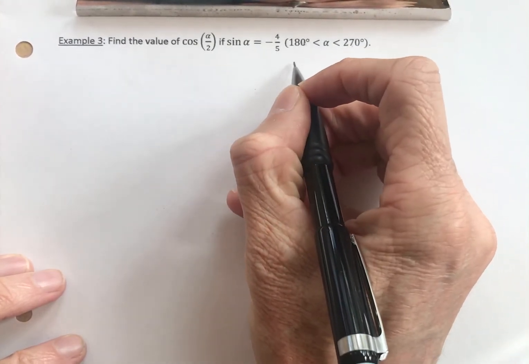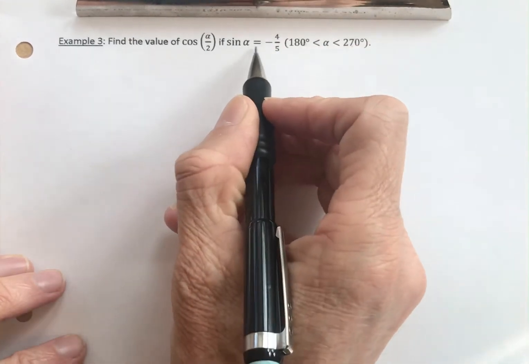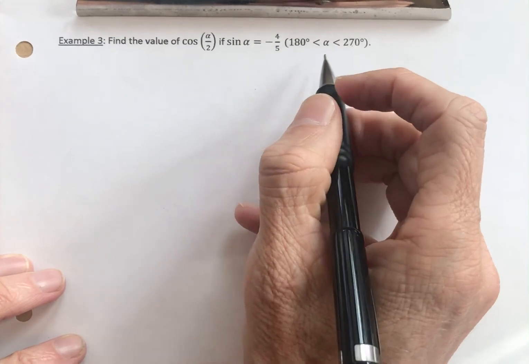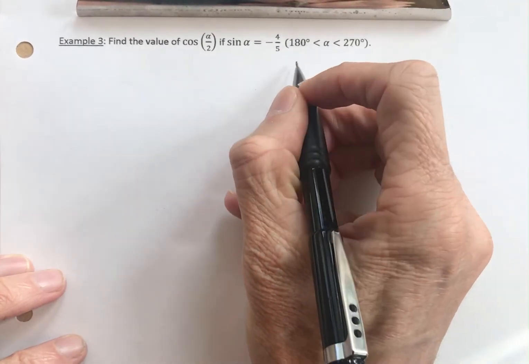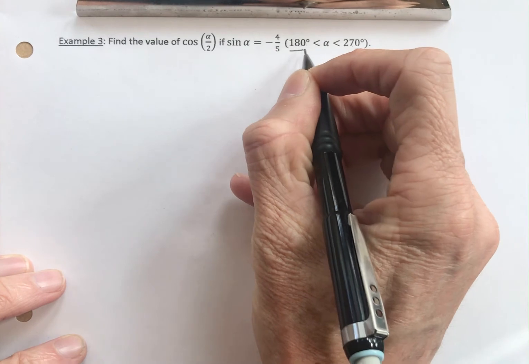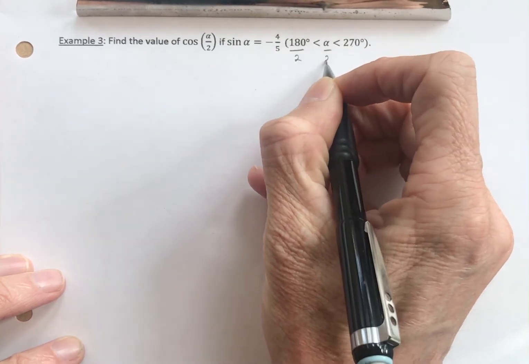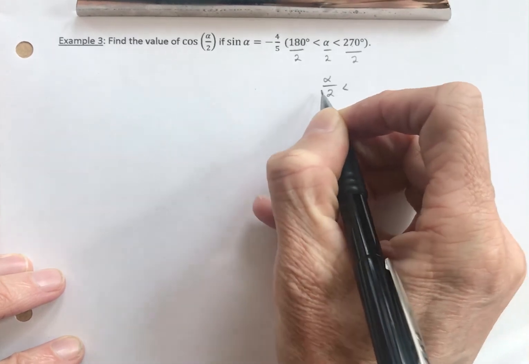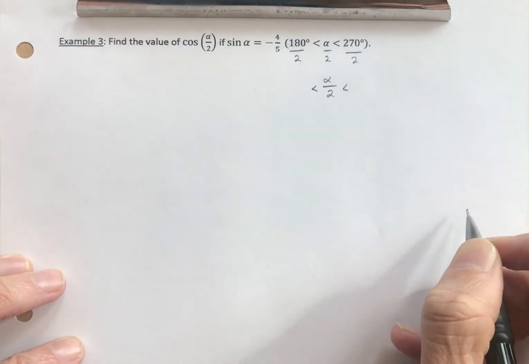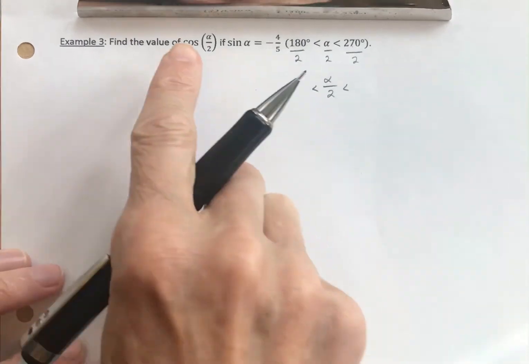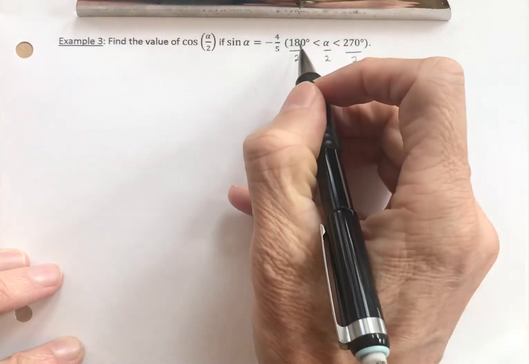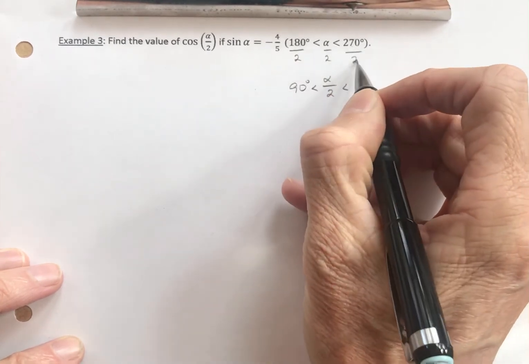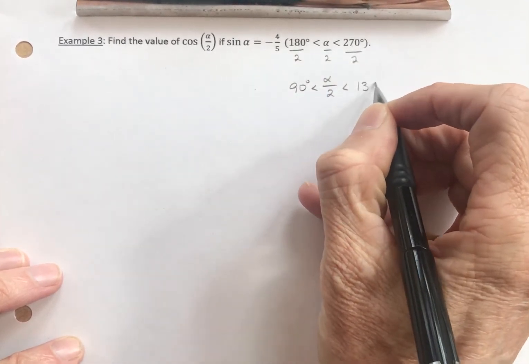Well, wait a second. If we're going to come up with the right formula, we need to find out where alpha over 2 is located. So I'm going to divide all these pieces by 2 because I need to know where alpha over 2 is located in order to come up with the correct sign for the cosine. 180 divided by 2 is 90, and 270 divided by 2 is 135 degrees.